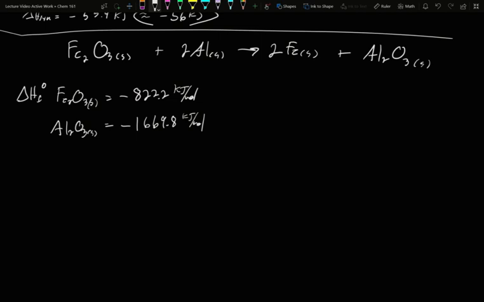Because if we think about iron or aluminum on its own for a second, if my product is going to be iron solid, well, what elemental source of iron is there on Earth? Iron solid. Since aluminum solid and iron solid are the elemental forms of those metals, there's no delta H. The delta H of formation for an element is 0.